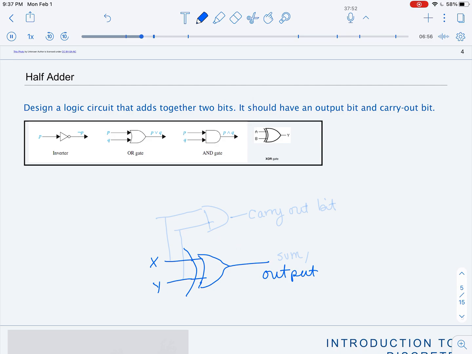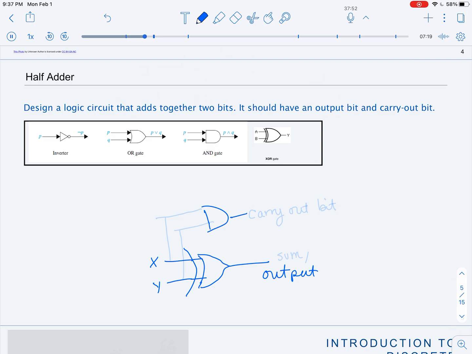And similarly, if they have different parity, there's no carry out bit. If both X and Y are 1, there should be a carry out bit. So to figure out the carry out bit, we need an AND gate, which should be set to 1 if and only if X and Y are 1.